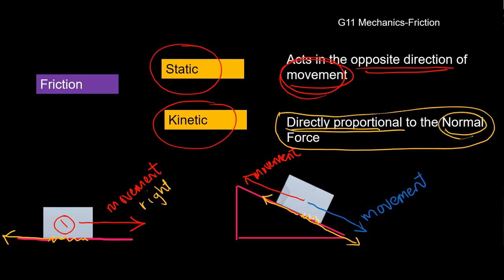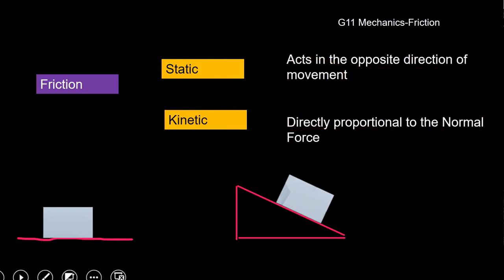Well, to this normal force. It's directly proportional to the normal force. We get our equations from this relationship. We're going to have a look at them in a moment. But let's look at how that's going to impact our drawings and what the forces are going to look like.